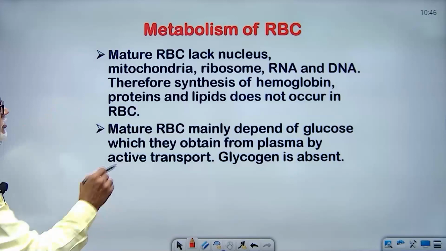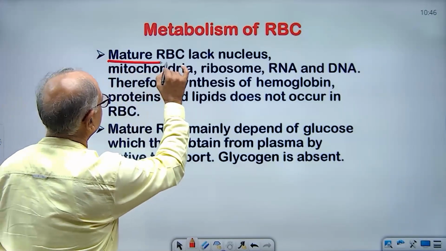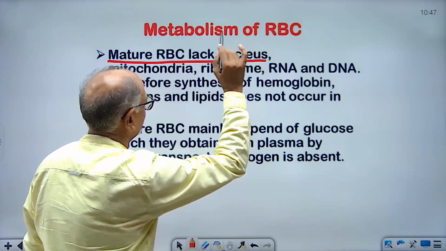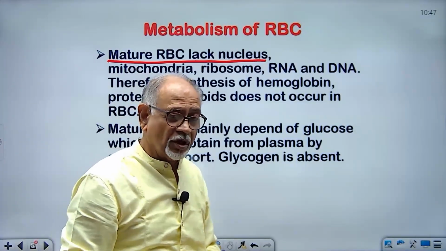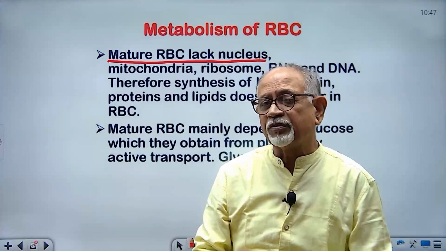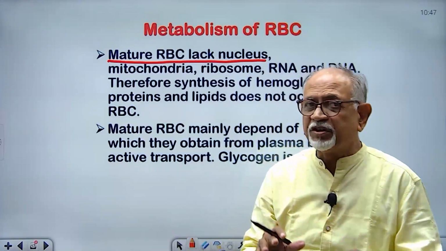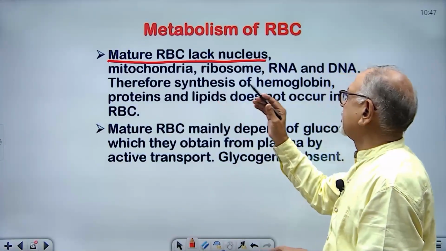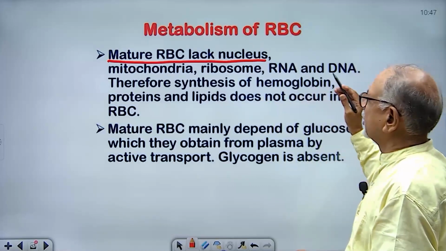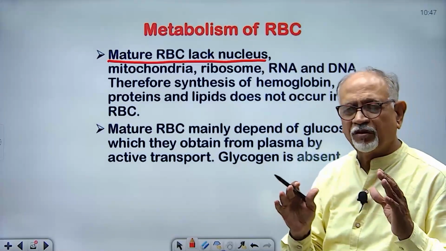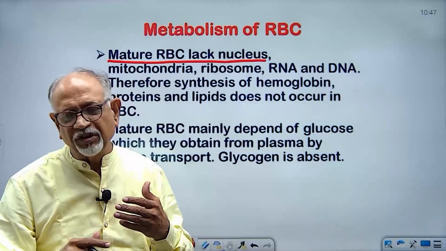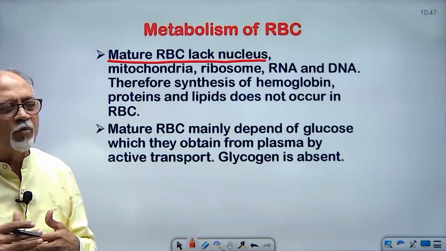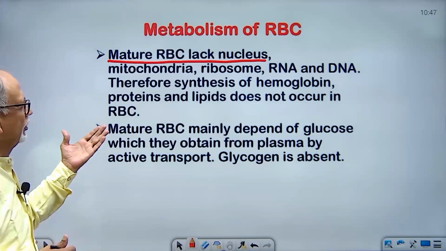Now, another factor, we have just mentioned that RBCs are anucleated. During the process of maturation, the nucleus disintegrates; mitochondria, ribosomes, RNA, DNA, all these are disintegrated, and RBC is completely occupied by the hemoglobin.